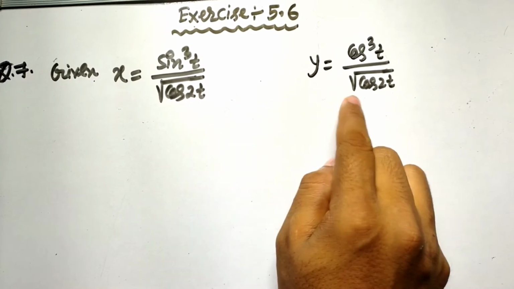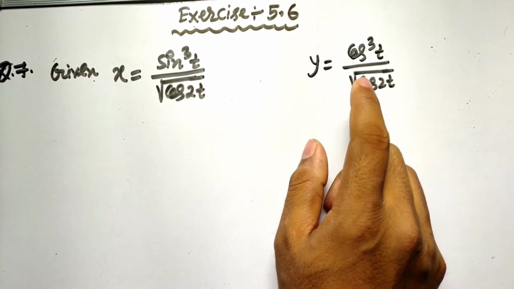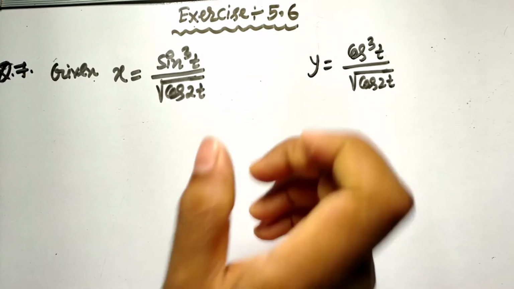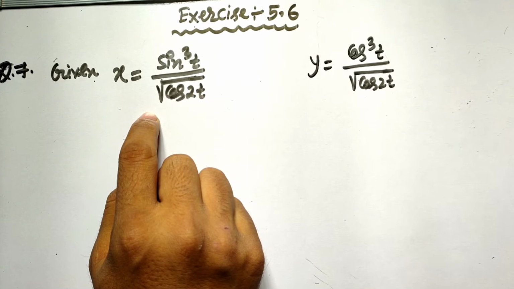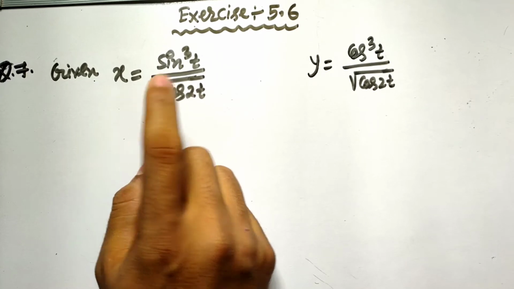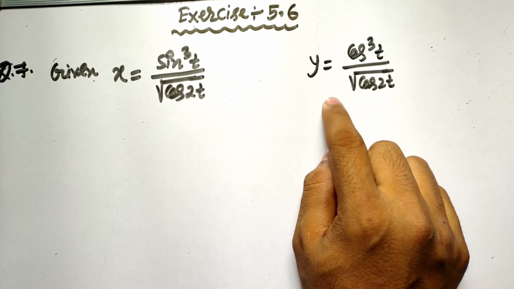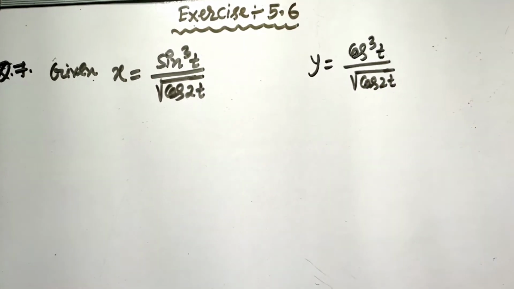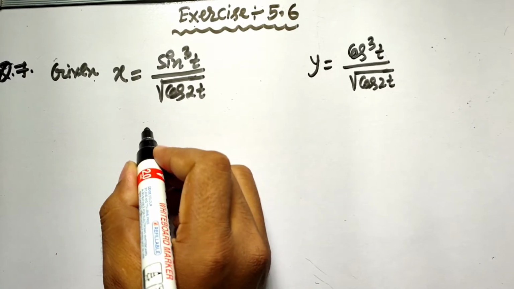The common variable in both equations is t, so here t is your parameter. First you will differentiate this equation with respect to t, and next you have to differentiate this equation with respect to t. To solve this question, you have to remember some basic formulas.